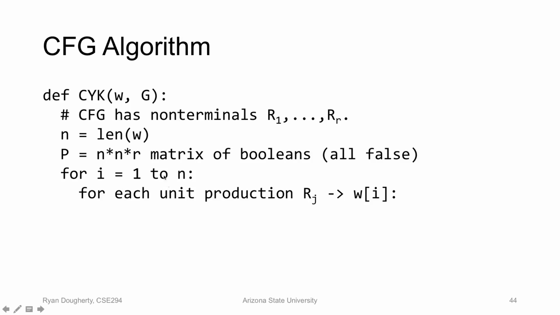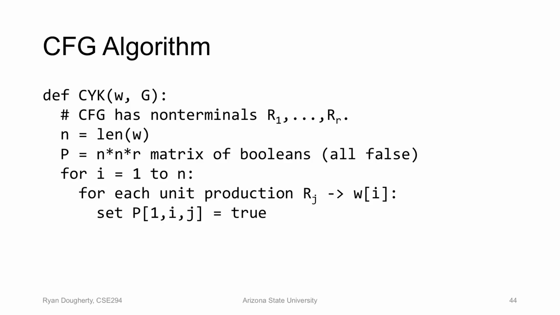So on the first iteration, i equals 1, we look at every single variable that could generate w1, right? And if that's possible, then we want to store that we could do that. And then we go to the second character, look through all the rules again. Third character, look through all the rules. Fourth character, all the way to the very end. Nth character, what variables could generate that one character.